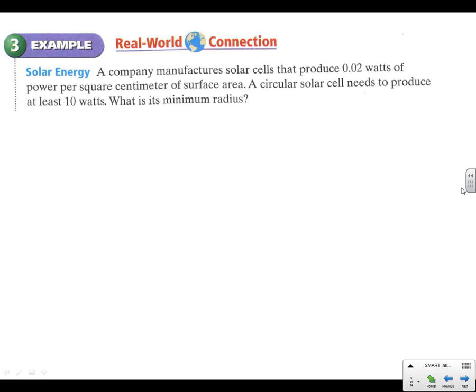All right, let's check out our real-world connection with square roots. A company manufactures solar cells that produce 0.02 watts of power per square centimeter of surface area. A circular solar cell needs to produce at least 10 watts. What is its minimum radius? Okay, so remember that area is pi r squared.